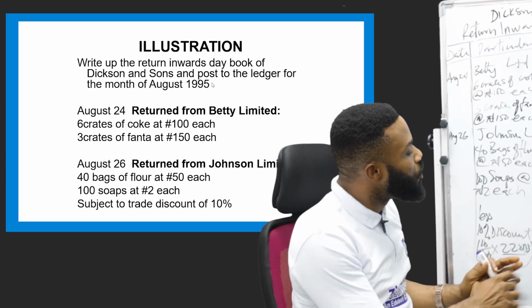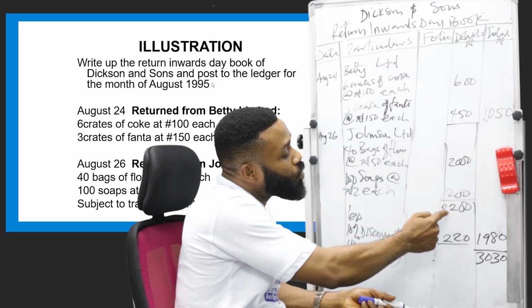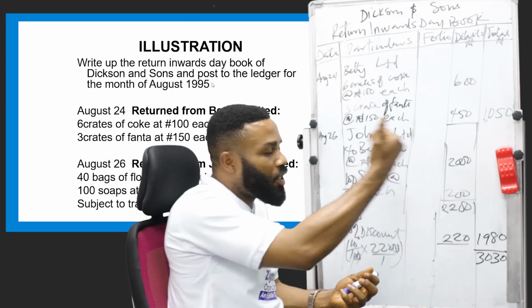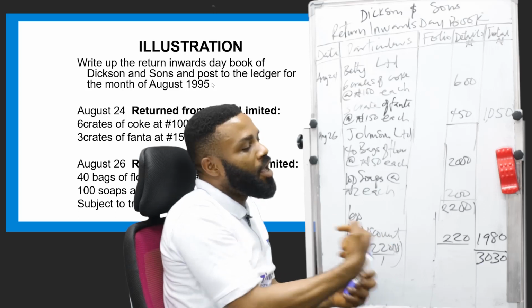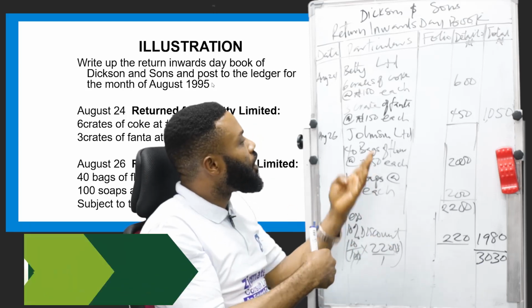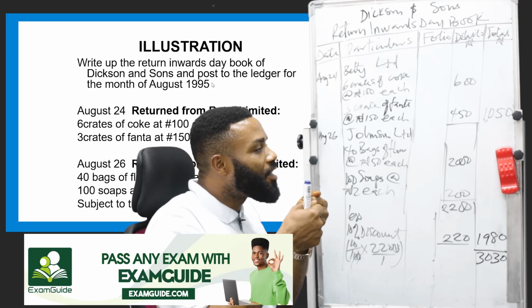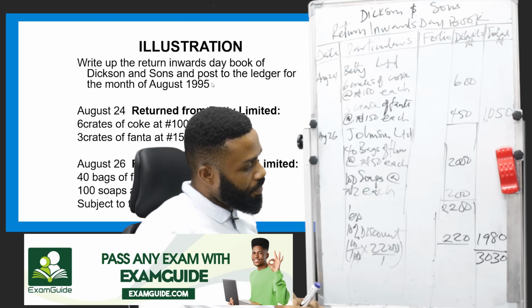So now, how do you calculate that? In this case, you have 2,200 as the worth of goods that they are returning to you. This is what they are returning. Now, in the book of Johnson, this is what Johnson is returning to us, Dixon and Sons.